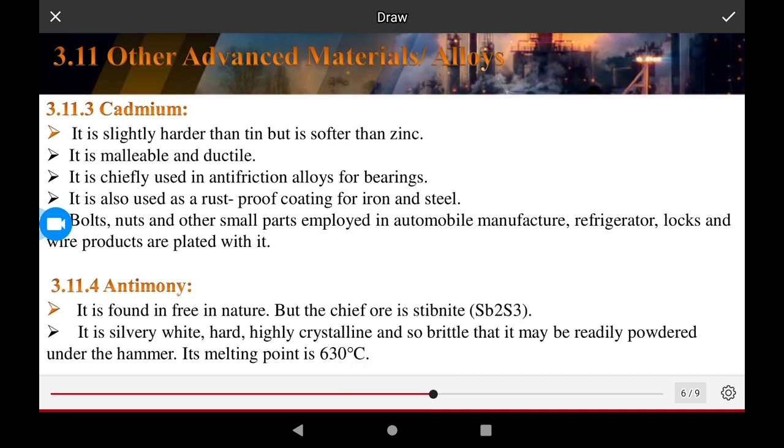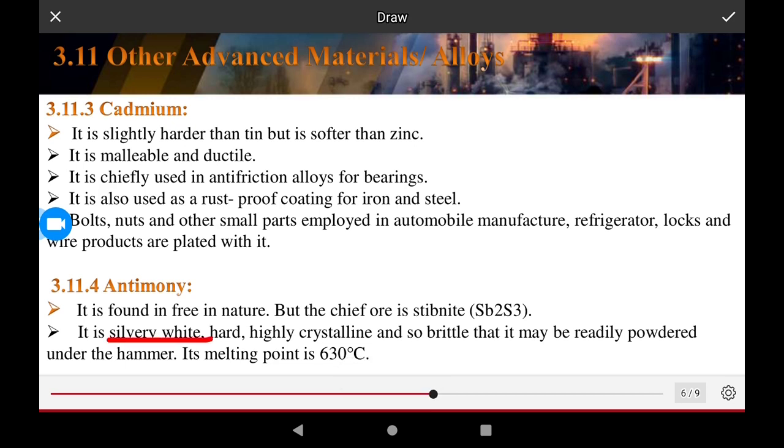Other advanced material and alloy: antimony. It is found free in nature, but the chief commercial source is stibnite, Sb2S3.